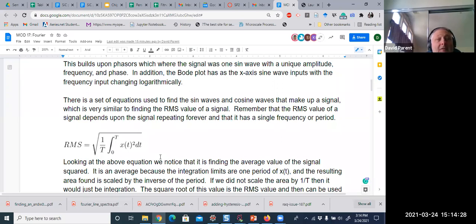So if you have a root mean square of 0.707, that means that signal is carrying the equivalent energy or power of 0.707 of a DC signal, because the RMS of a DC signal, of course, is the signal itself.